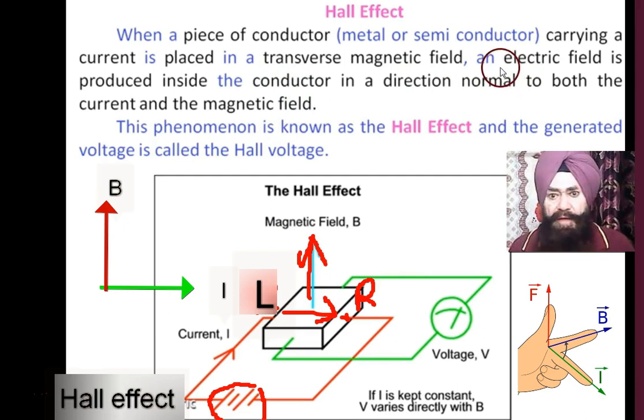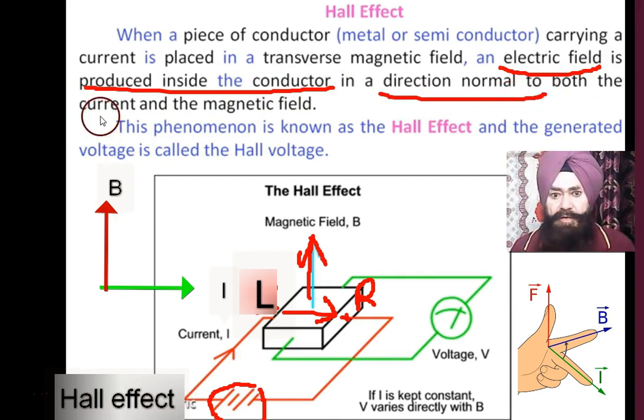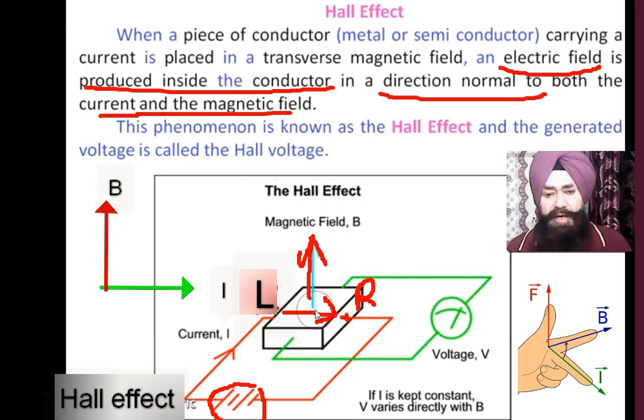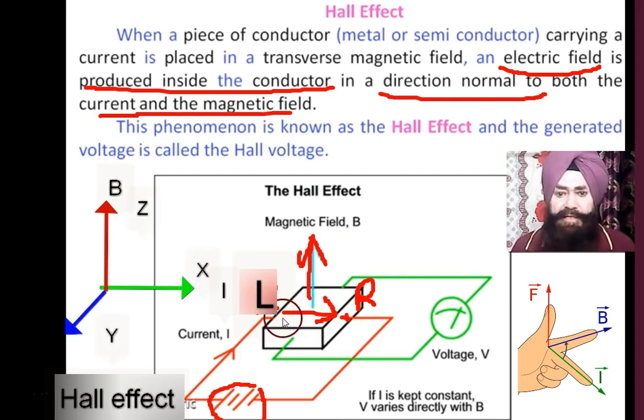An electric field will be produced inside the conductor in a direction normal to both the current and the magnetic field. There are always three axes: x-axis, y-axis, and z-axis.